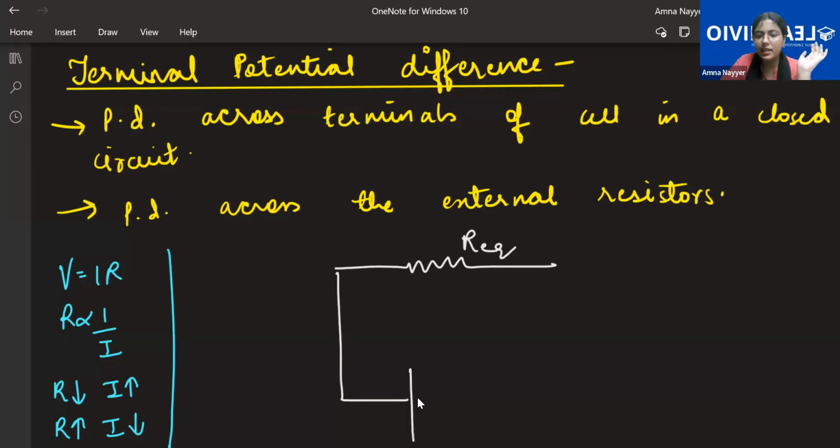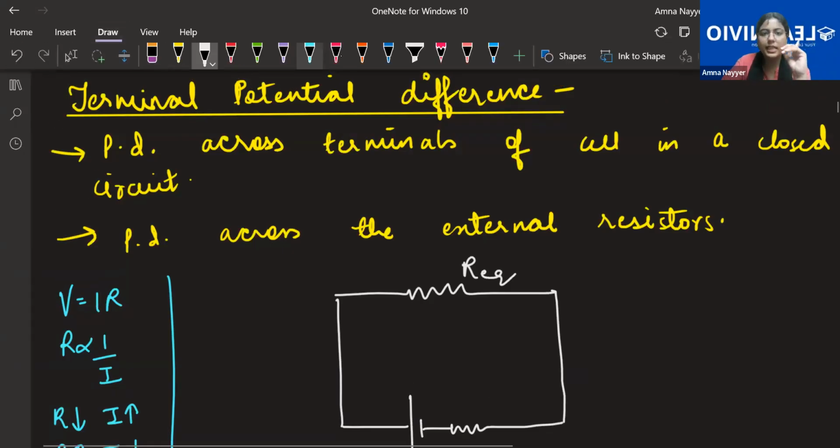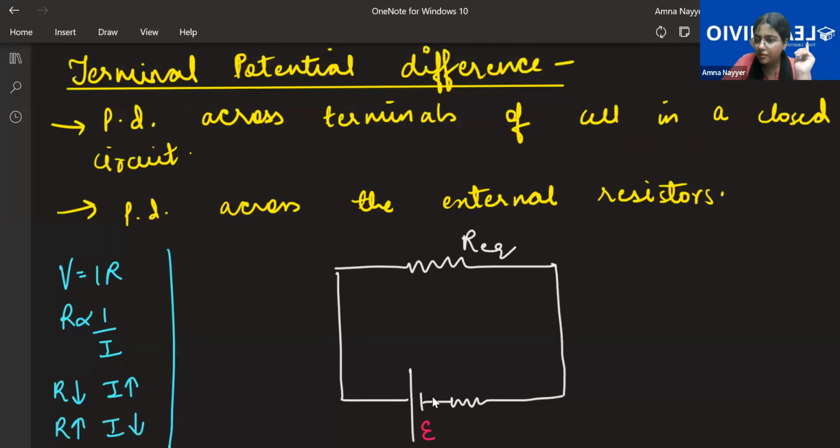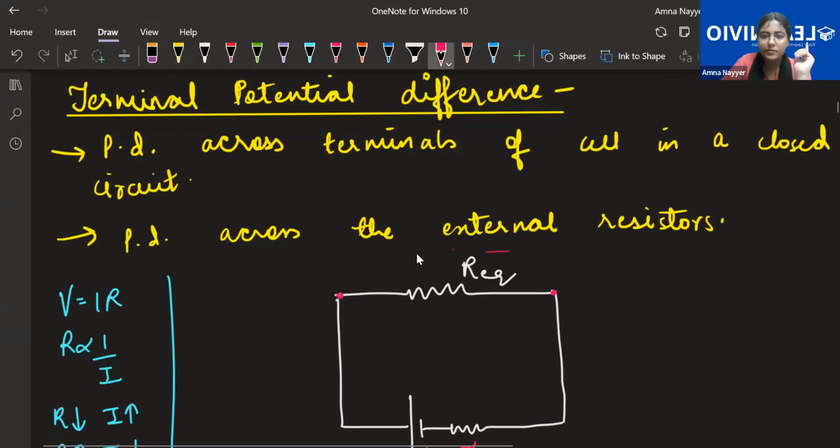And then we have the cell where we have the internal resistance. So see class, here is the EMF of the cell, within the cell for the internal resistance. Here you get the EMF for the internal resistance. And across the ends of the external resistor, means throughout this part here, you get the terminal potential difference.